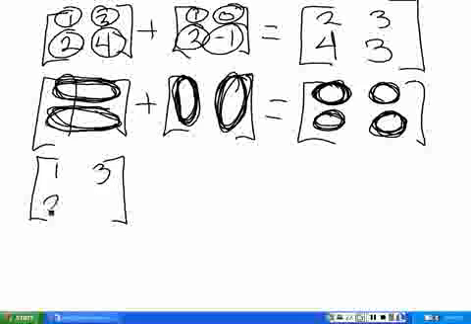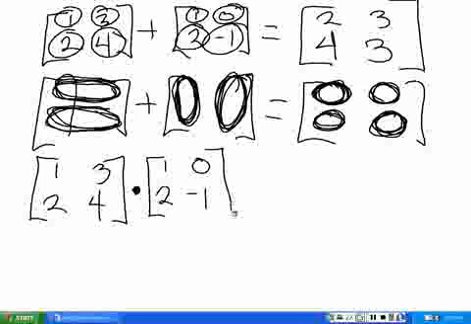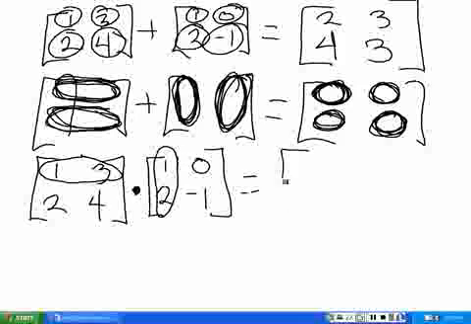Let's actually use the numbers that we had: 1, 3, 2, 4 and 1, 0, 2, minus 1. I want to take this row times this column to get the entry in the first row, first column. So I multiply the row 1, 3 by the column 1, 2.